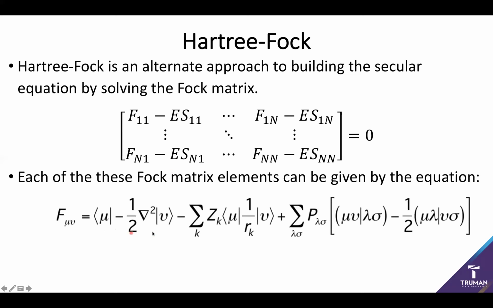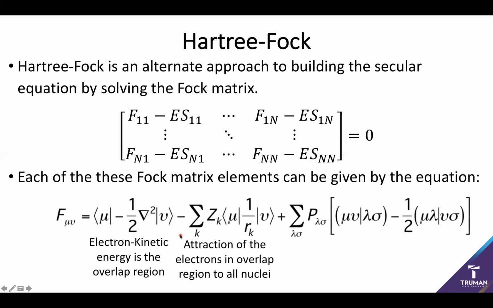So the first term essentially is going to focus on kinetic electron energy. So this is going to be the kinetic energy of the electron in either the overlap region, if mu and nu are different, or in the actual straight orbital, if mu and nu are the same.